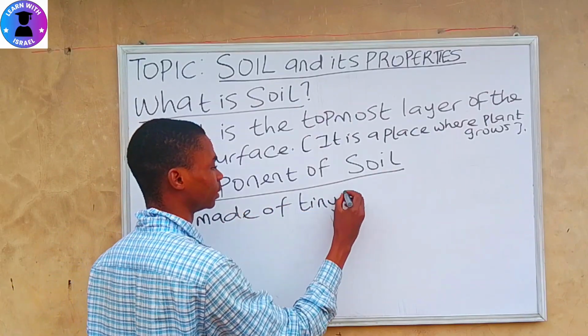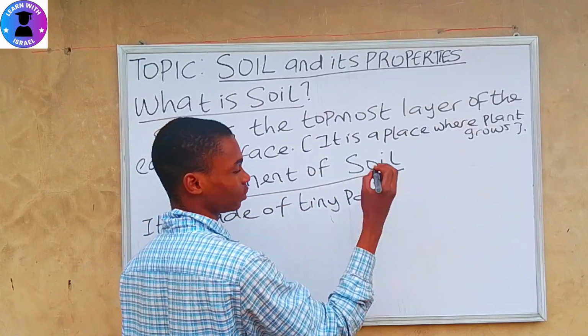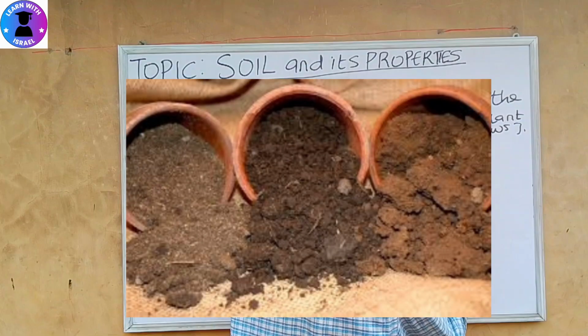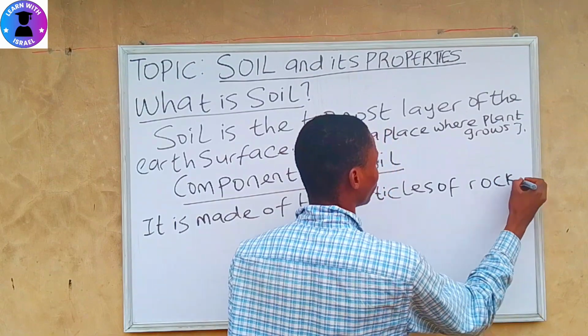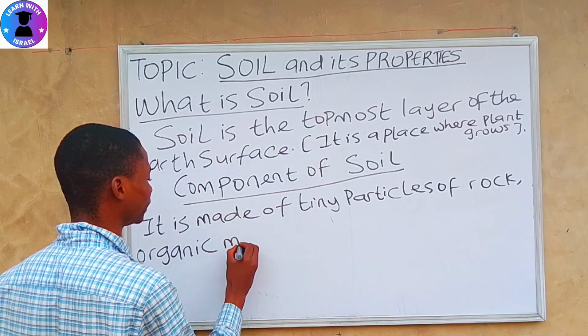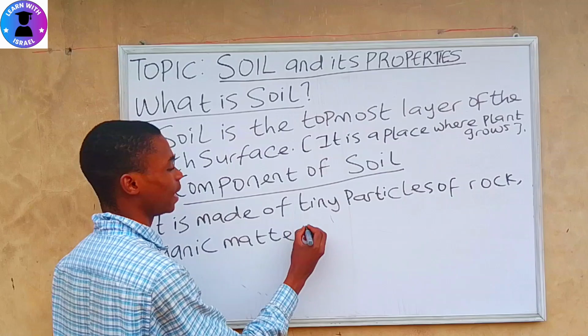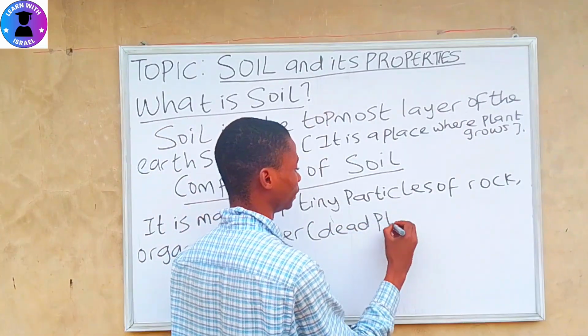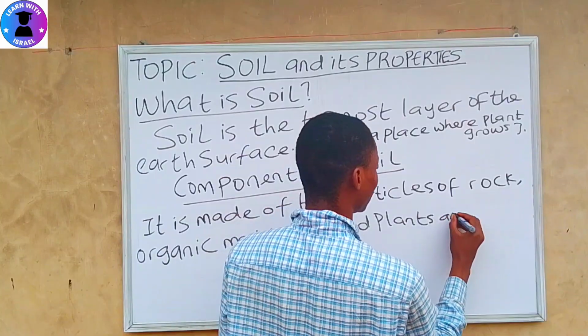tiny particles. As you can see on your screen right now, it is made up of tiny particles of raw organic matter. And when I say organic matter, I mean dead plants and animals.